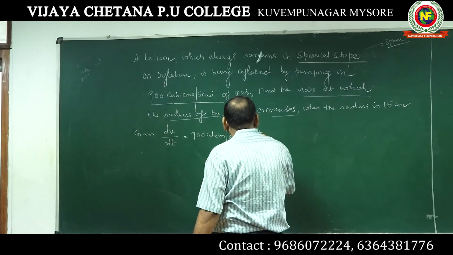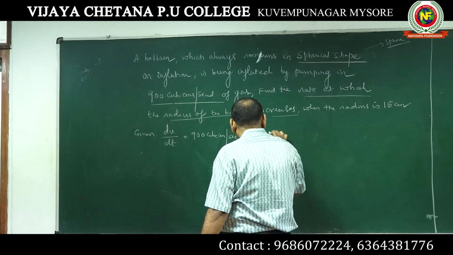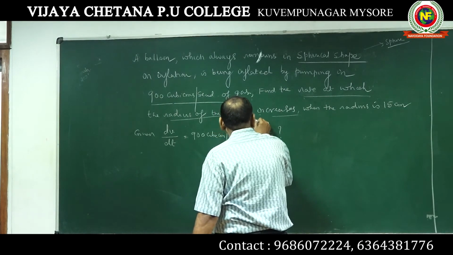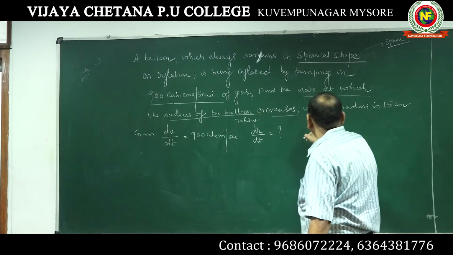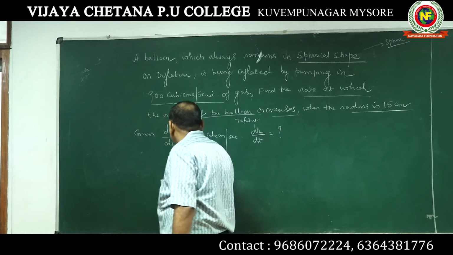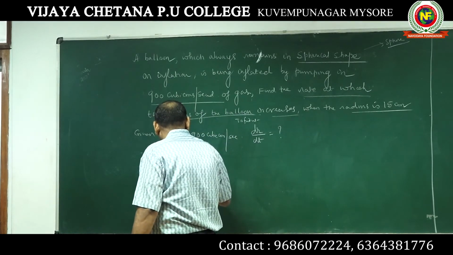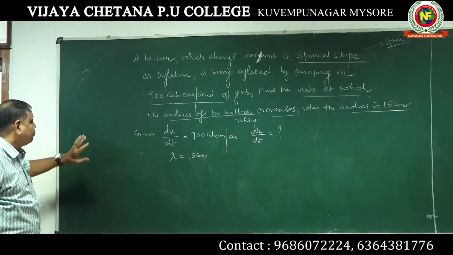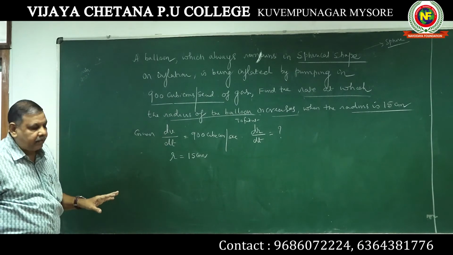That means dr by dt is how much? That is to find out. How fast the radius of the balloon increases when the radius is 15 centimeter. R is 15 centimeter. Understood? Which is given and which you have to find out is very important in this problem.